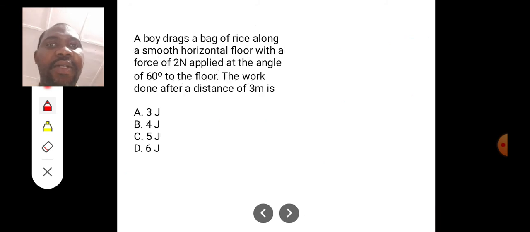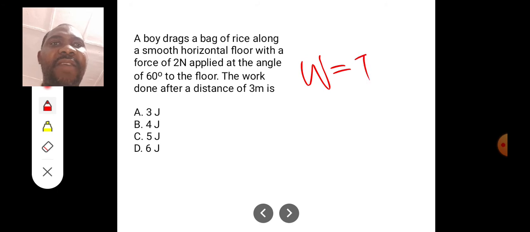Beautiful. Okay, so let's move to another question. It says a boy drags a bag of rice along a smooth horizontal floor with a force of 2 newtons applied at an angle of 60 degrees to the floor. You see here, the force is applied at an angle of 60 degrees to the floor. The work done after a distance of 3 meters is, here we're going to use work equals Fs cos theta because there's an angle here.